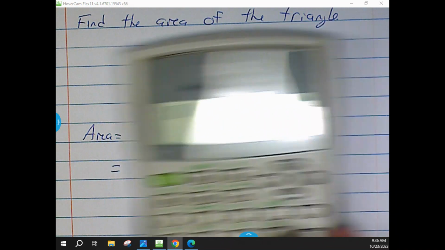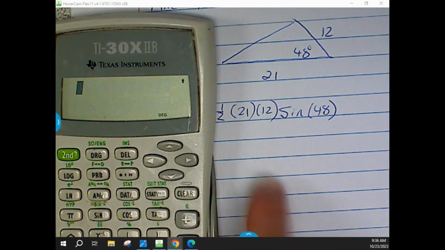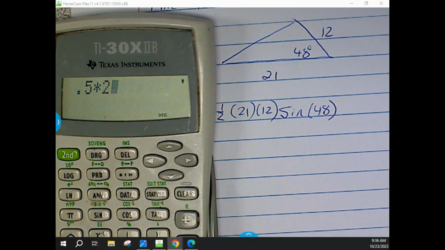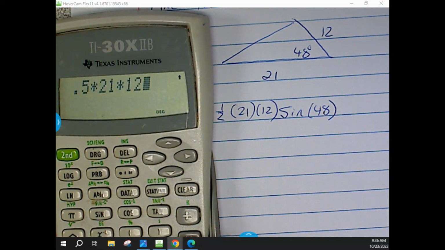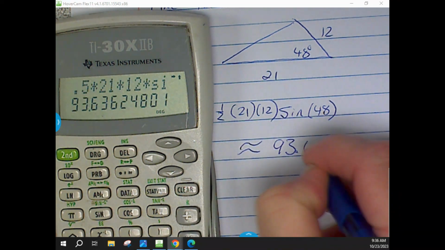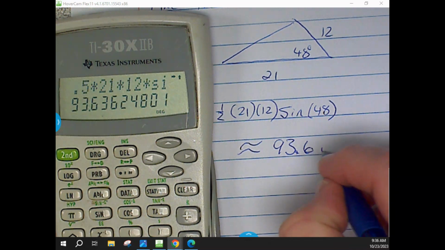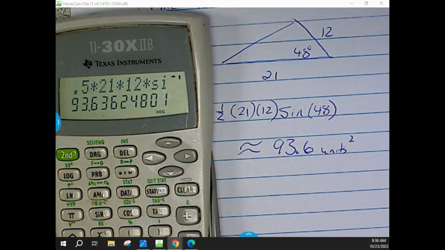So we've got 1/2 times 21 times 12, so 0.5 times 21 times 12 times the sine of 48. There you go. It says it's about 93.6. Inches, feet, they didn't give us any units in this case. We'll just say technically that would be units squared.